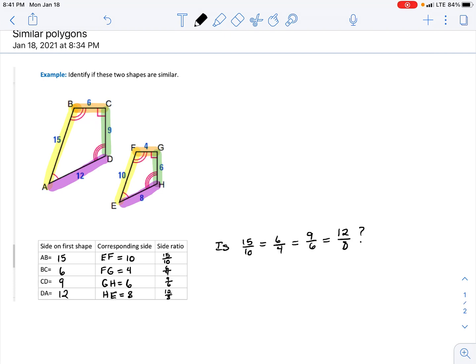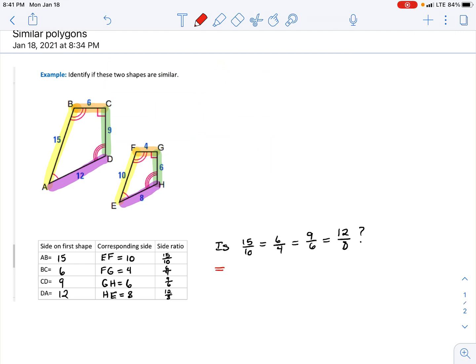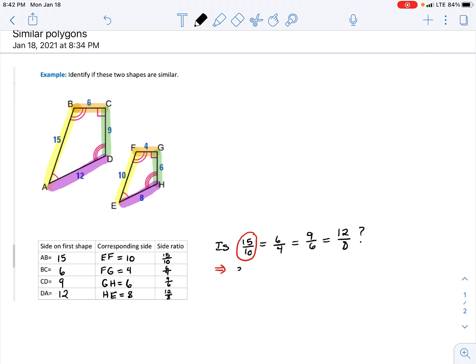Here's the question. Okay, so it might be helpful to just reduce these fractions here, and then that way we can determine whether or not they're in fact the same. Okay, so looking at 15 over 10, if we divide both the numerator and denominator by 5, because the greatest common factor that 15 and 10 have is 5, we're going to get that this is 3 over 2.